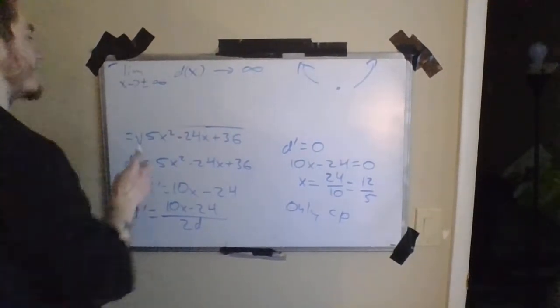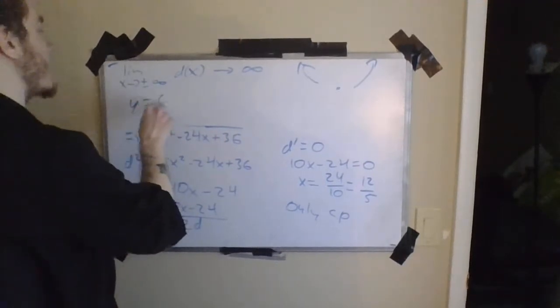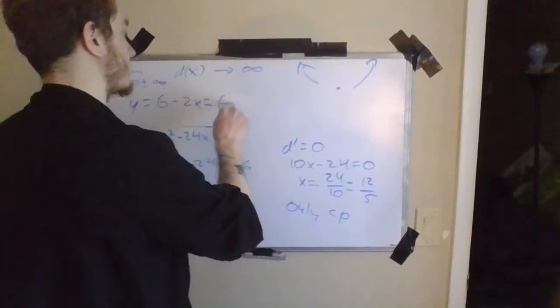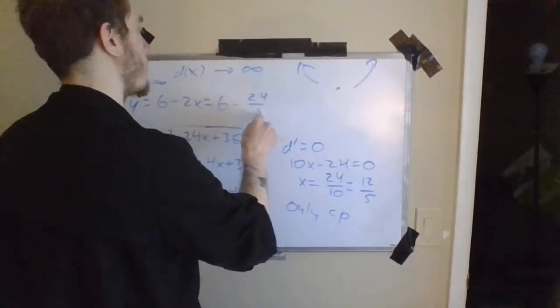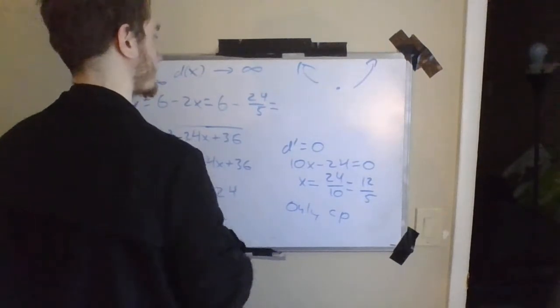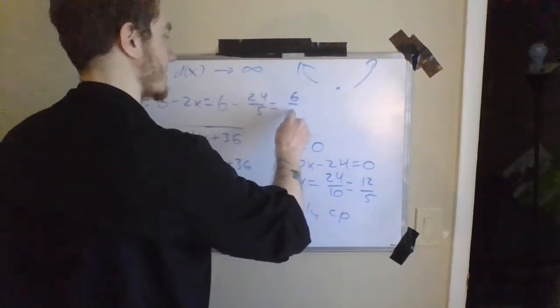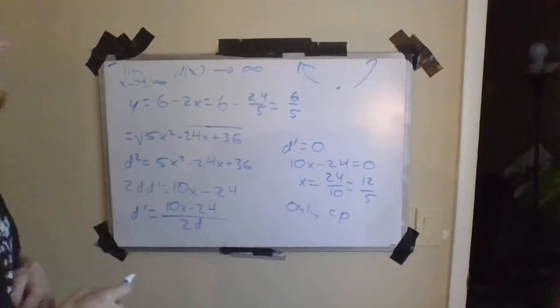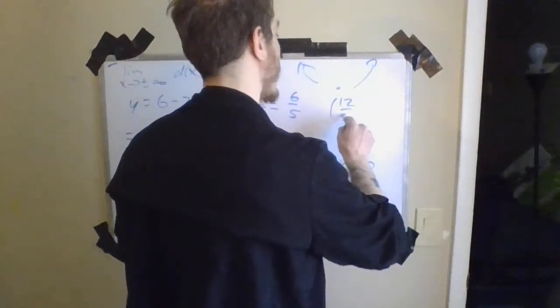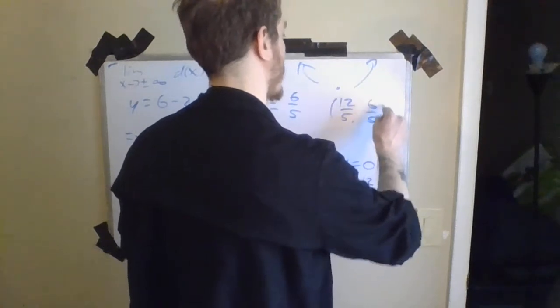And then what we can say is, well, that means y is 6 minus 2x. That's going to be 6 minus 24 over 5, which is going to be 6 over 5. So we end up with our point being the point (12 over 5, 6 over 5).